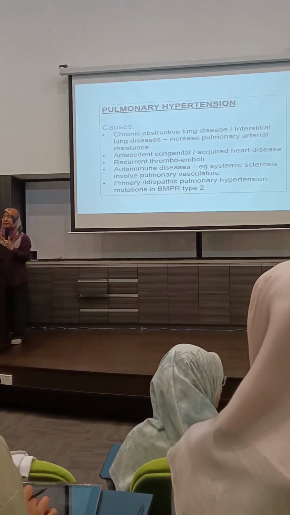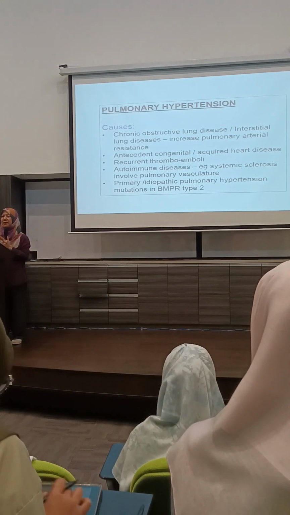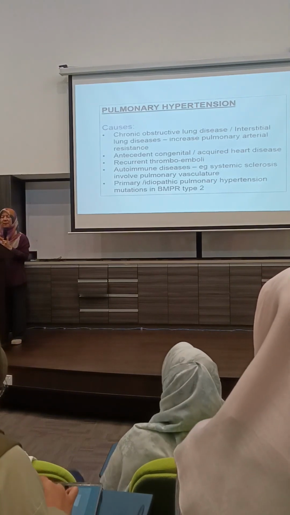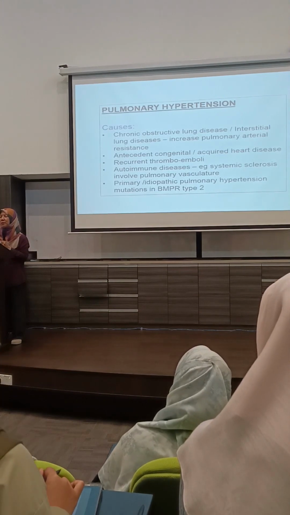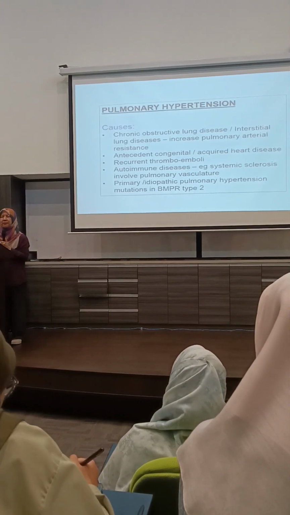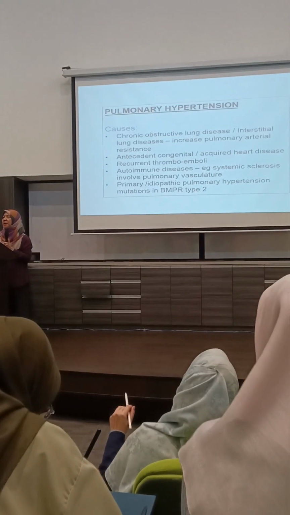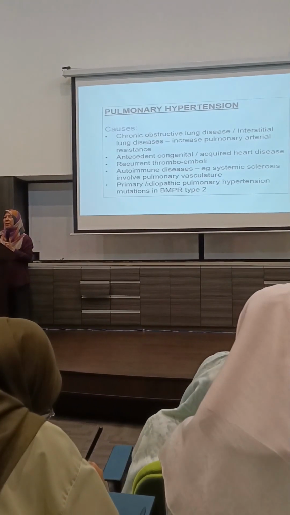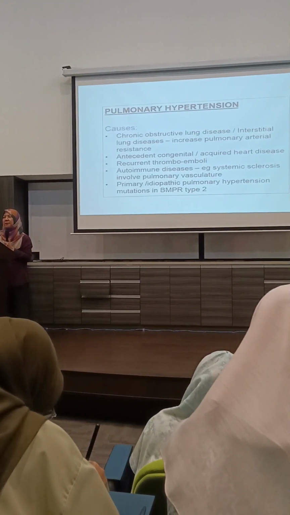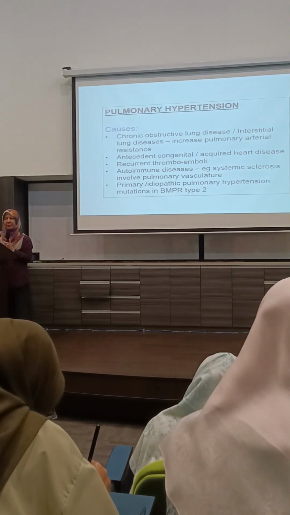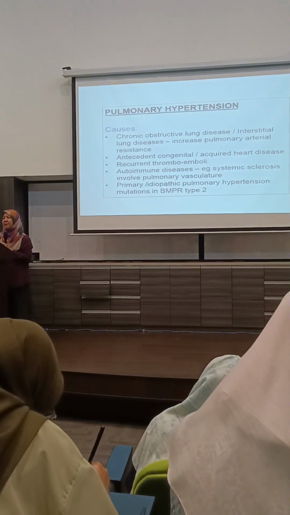The interstitial. What are related to the blood vessels? Interstitial. So any problem in interstitial, you get problem with tension. If you have congenital heart, some blockage somewhere, the effect will be on the lung, the tension in the lung.